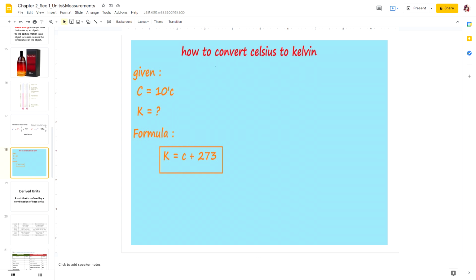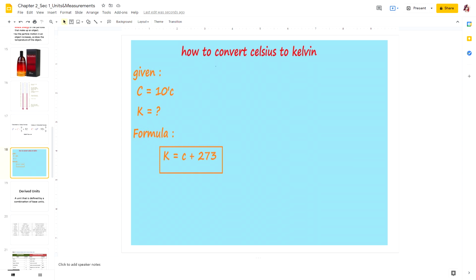And how to convert Celsius to Kelvin? This will be very, very useful when you will be dealing with gases. The different gas laws use the Kelvin. So in the problem, if you're given the Celsius scale, all you have to do is convert everything to Kelvin before you start your calculations.